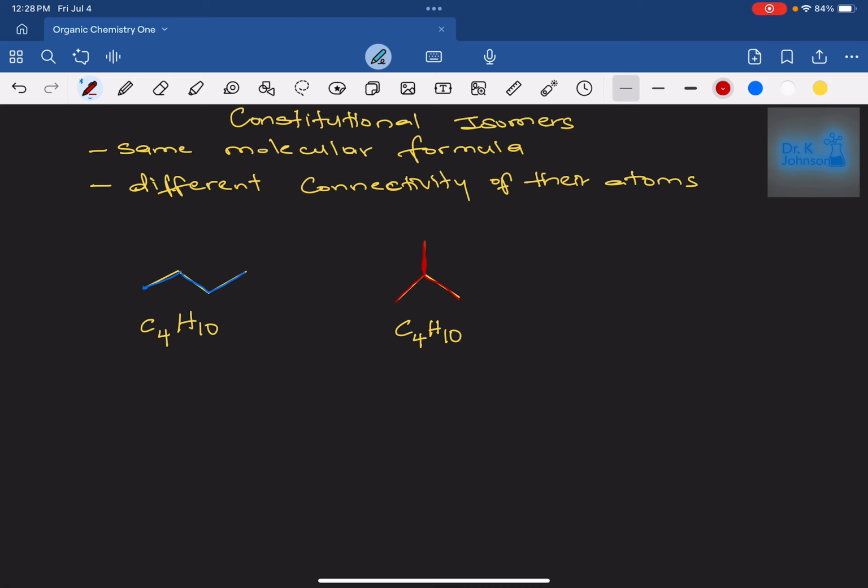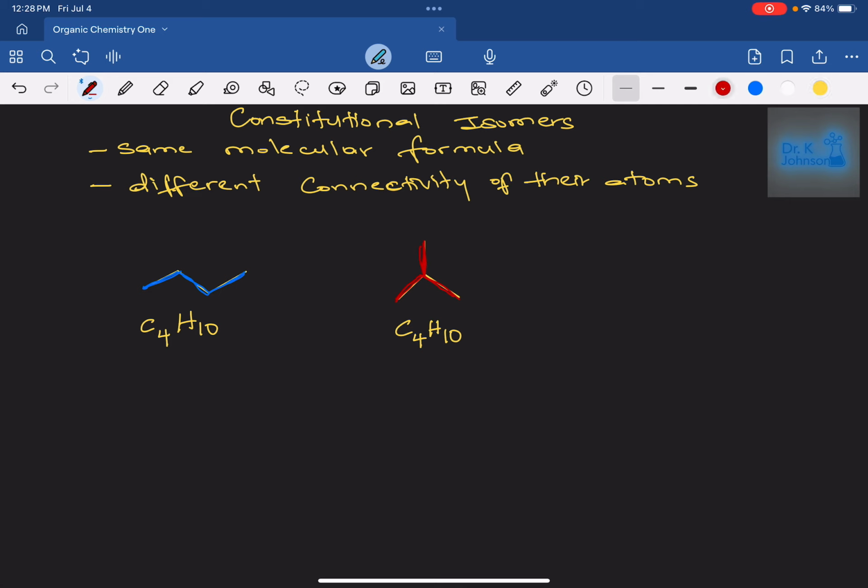So it's obvious here that the molecular formula is the same, but the connectivity of the atoms is different because here I have four carbons in a long chain. Over here, I only have three carbons in my longest chain, and then on this carbon a CH3, right?